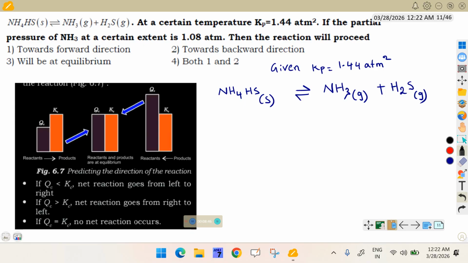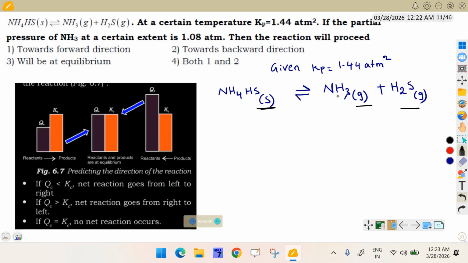A reaction is given at a certain temperature. Kp is equal to 1.44 atmosphere squared. If the partial pressure of NH3 at a certain extent is 1.08 atmosphere, then will the reaction proceed? So calculate the QC value. We know that this is a solid, and these are gases.